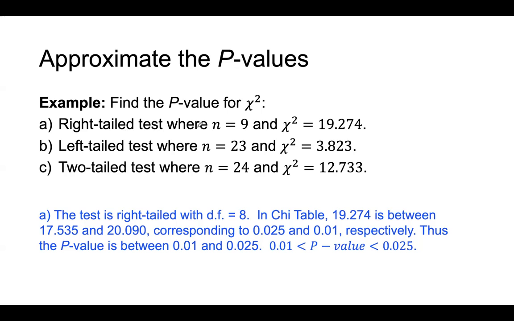The right-tail test where n is equal to 9 is similar to how we looked up p-values for the t test. The test is a right-tailed test with degrees of freedom equal to 8. In this table, we look up what this number is between.